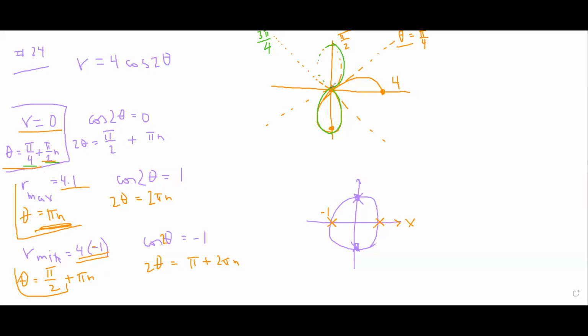So what happens then? Well, then we're going to go to the angle pi. See, this is a tedious process, but I hope you went over these ideas when you were in trig class. So it looks like when angle theta is pi, we get r to be 4.